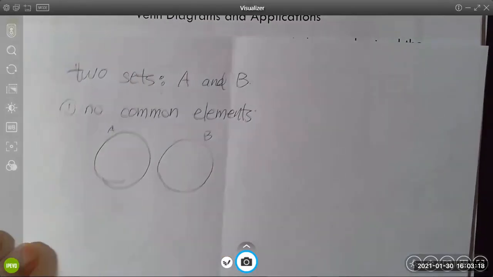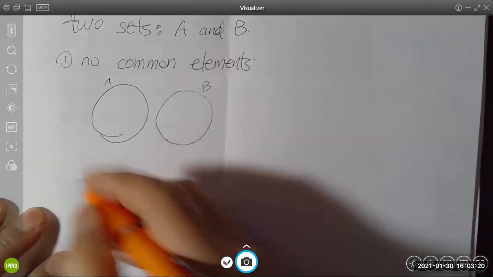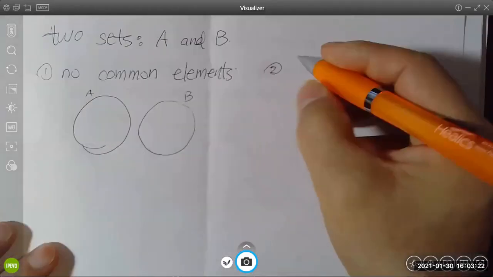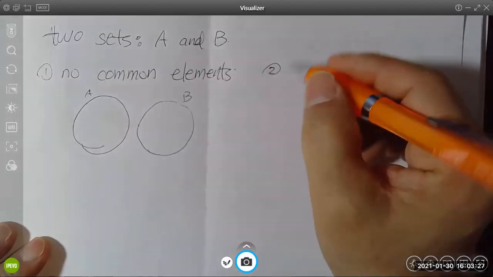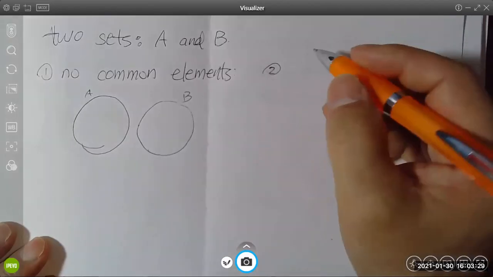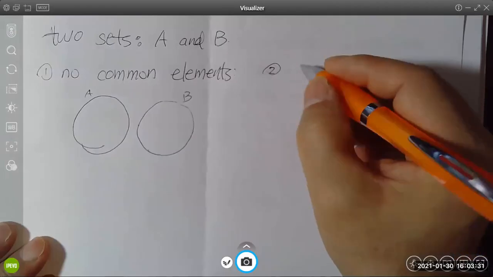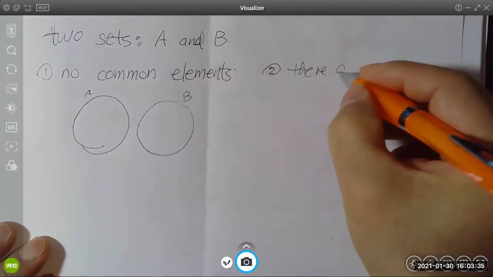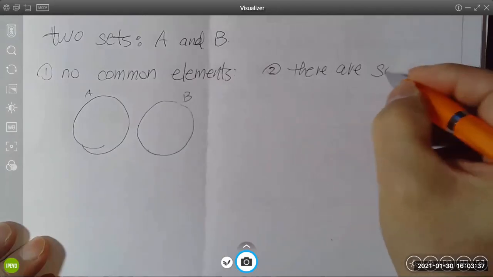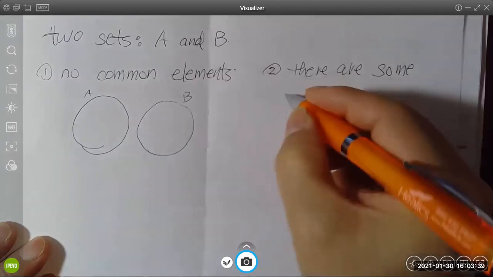And another scenario is that these two sets are partially overlapped, the two circles, which indicates that there are some elements that are common. There are some common elements.